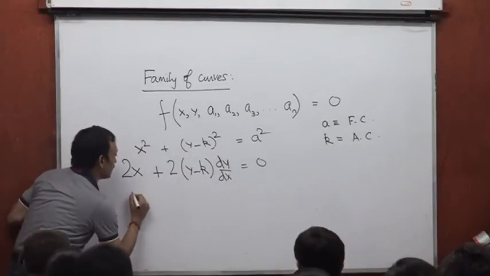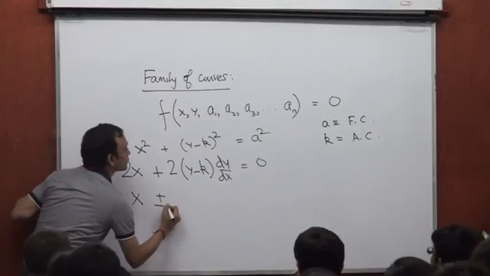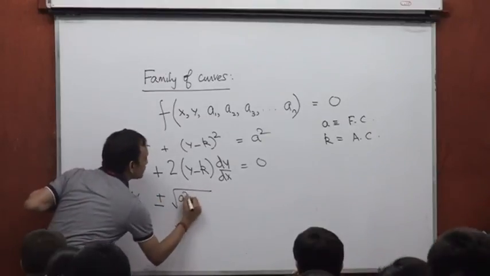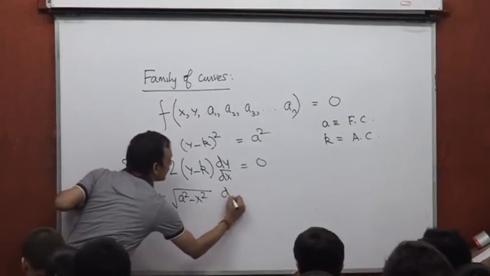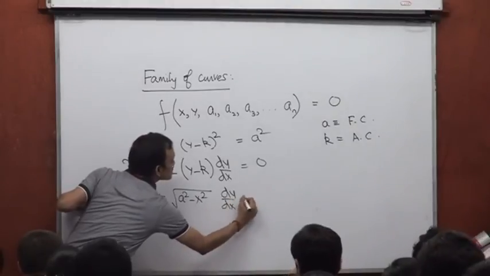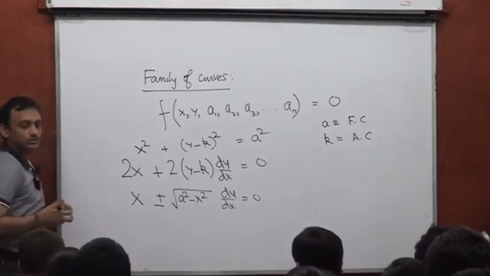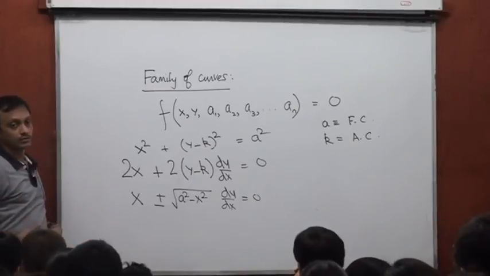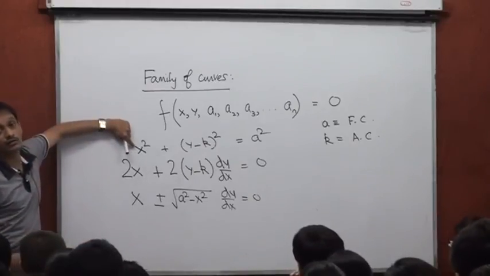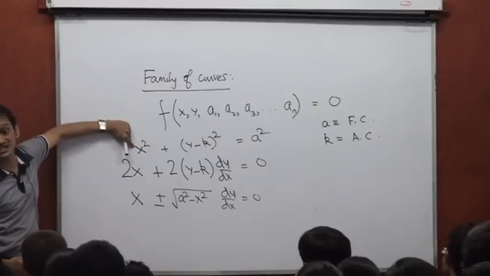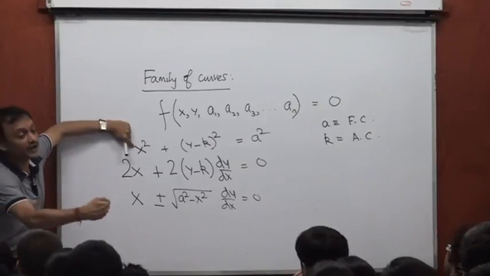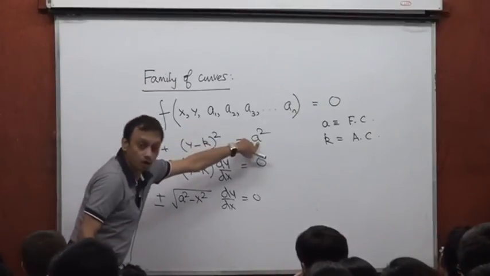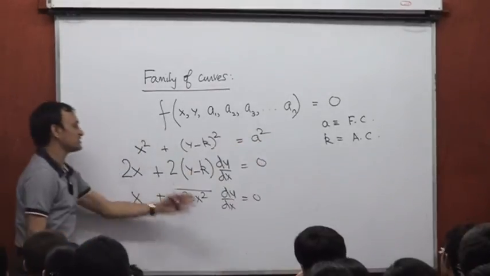So then we get x plus or minus root of (a squared minus x squared) dy/dx is 0. That's the differential equation that will represent the family of circles with center lying on the y-axis and having a constant radius a. That's the required equation.